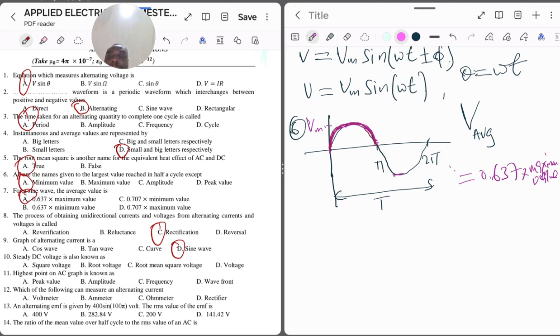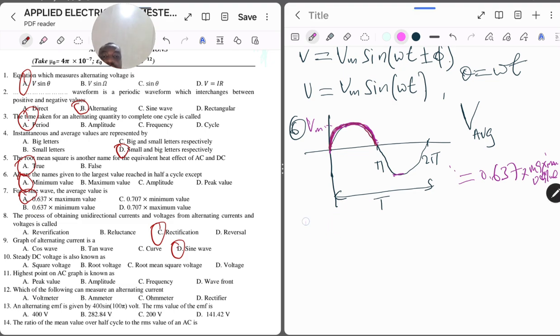Now question 10. Steady DC voltage is also known as, so meaning we are referring to what? Effective voltage, right?